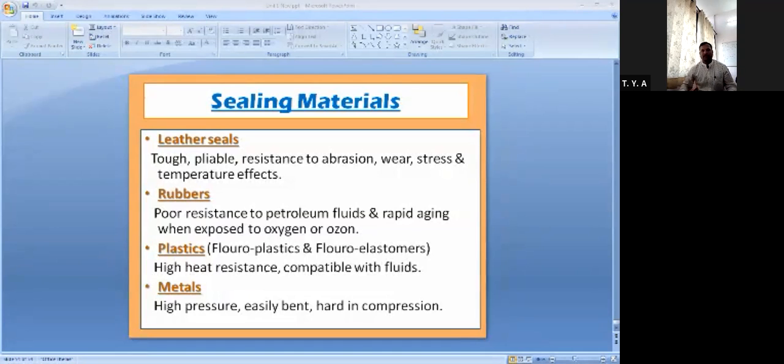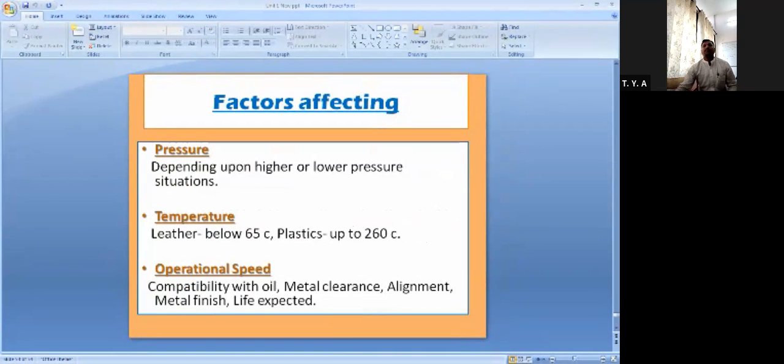Now let us go to the last point, that is, factors affecting the selection of correct or proper seals. Which factors should we take into account while selecting the seals?